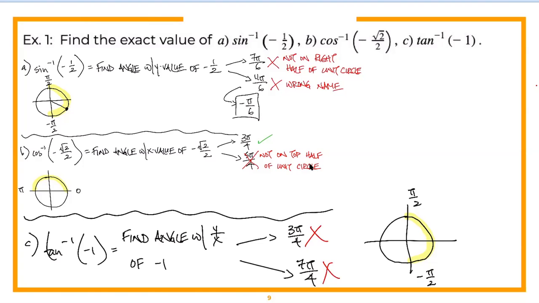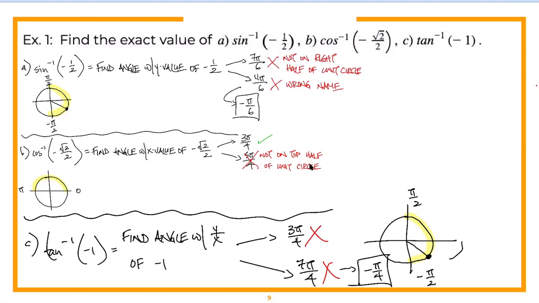But what do we rename 7 pi over 4 as to get the correct name? Negative pi over 4? Good. So our answer here is going to be not 7 pi over 4, but negative pi over 4. Okay? Why do you get negative pi?